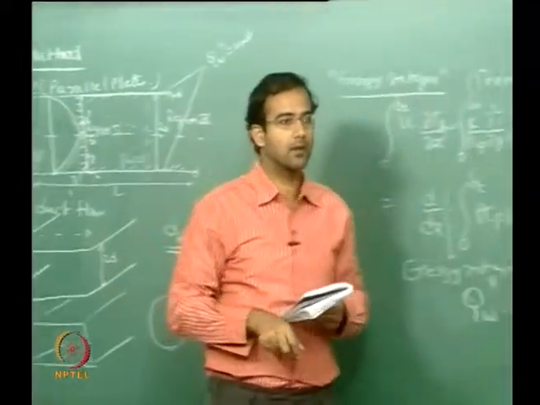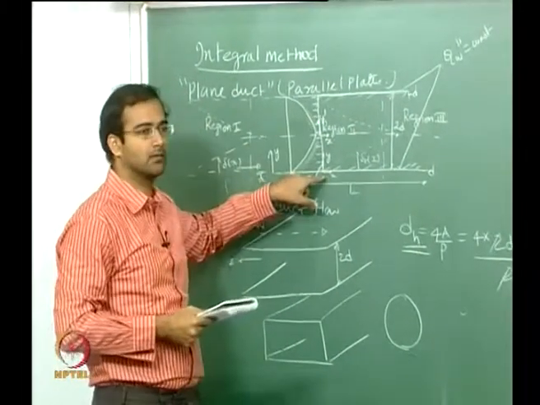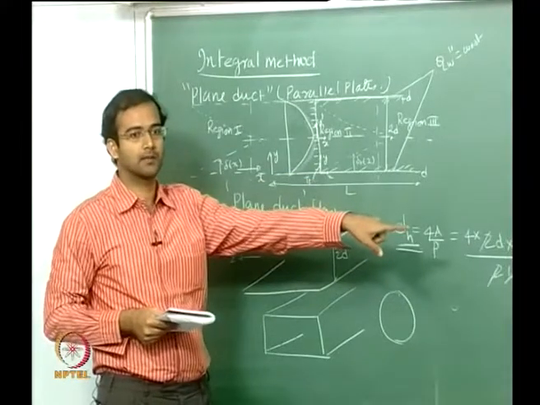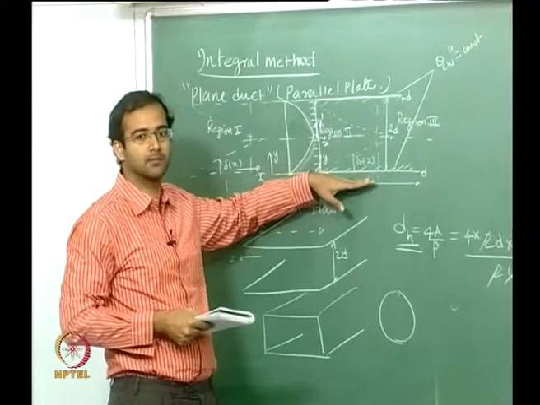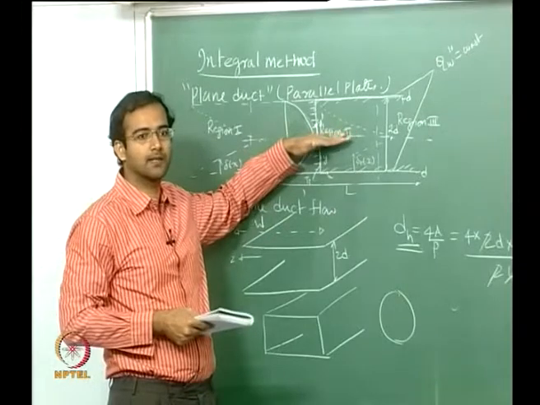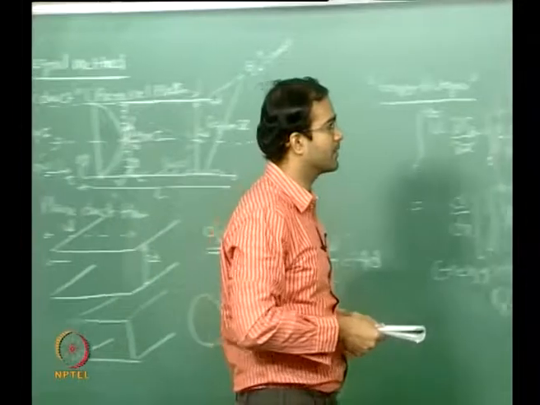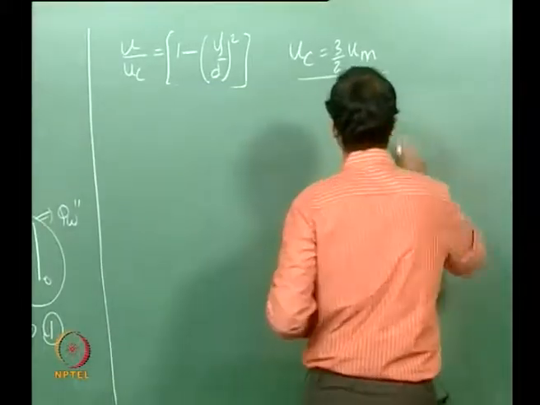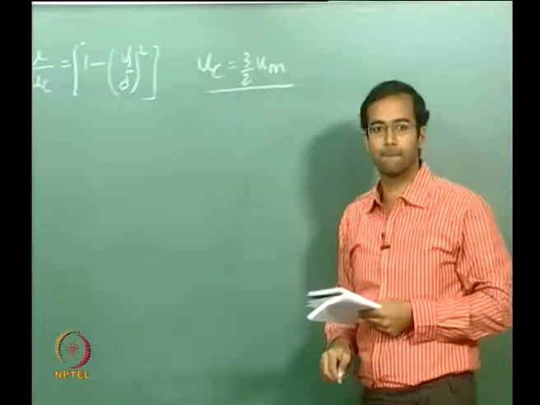So we now have to convert the coordinate system from y prime to y, because our energy integral is in the y coordinate. That is because we are operating in a flat plate coordinate system which is attached to the wall, whereas here it is somewhere in the center of the duct. So how do we do that? What is the transformation here?